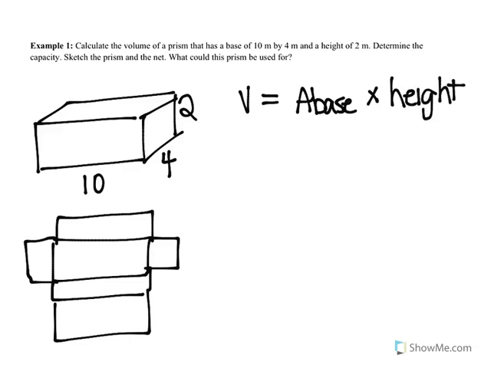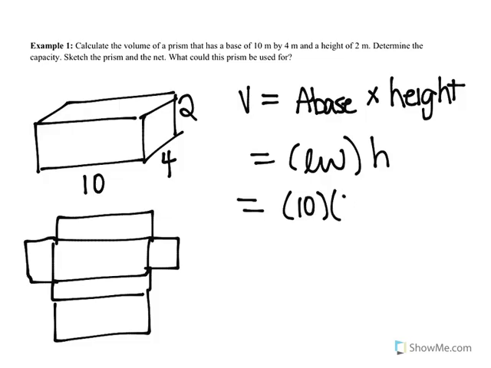Our base is a rectangle, so we have length times width times height. So we have 10 times 4 times 2. And 10 times 4 is 40, times 2 is 80. Because we're dealing with meters and it's a volume, it is meters cubed.